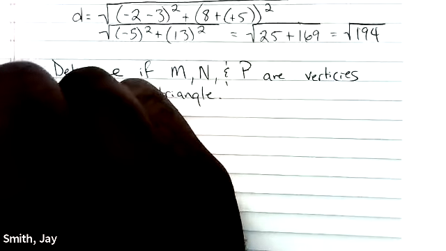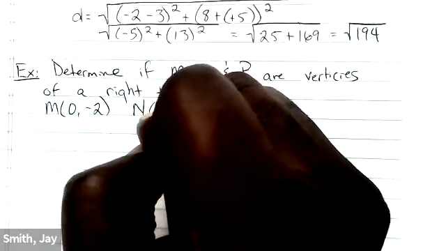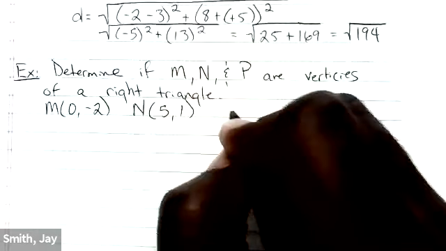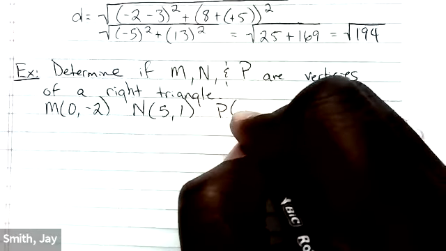We're given the point M, which is the ordered pair 0, -2. N, which is the ordered pair 5, 1. And P, which is the ordered pair -4, 3.